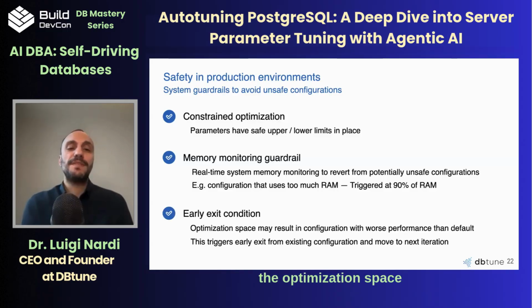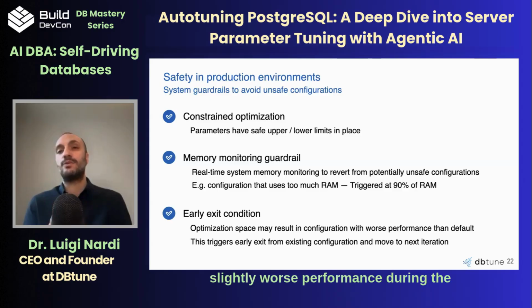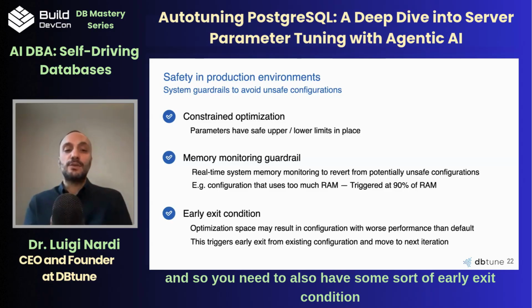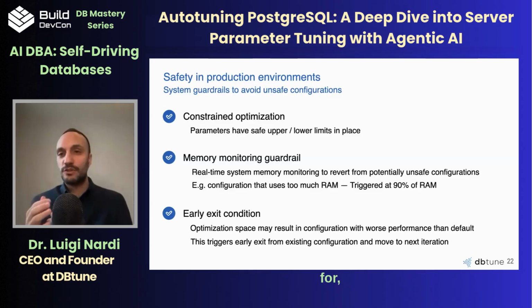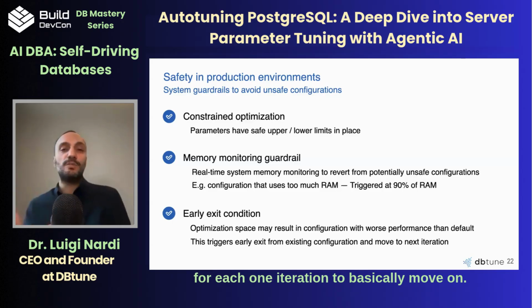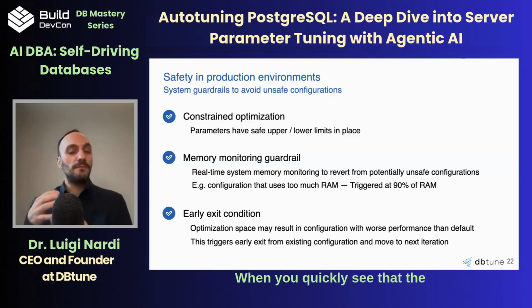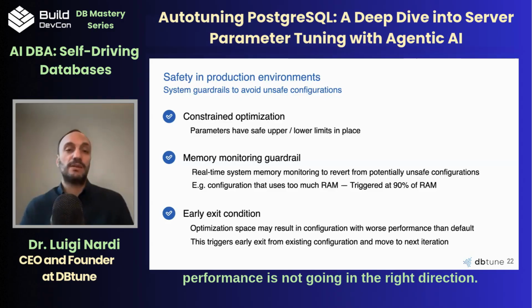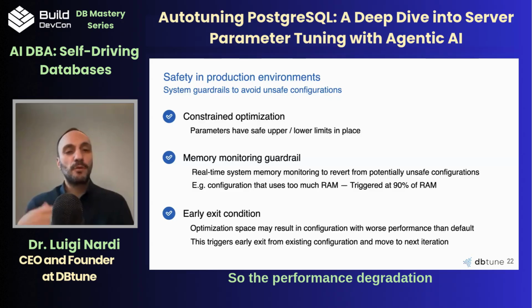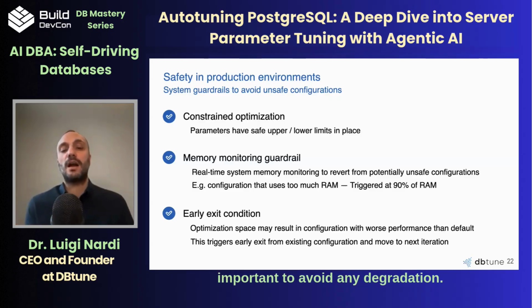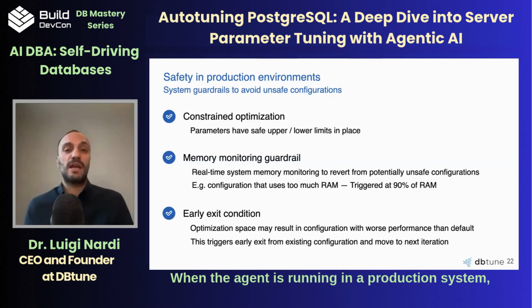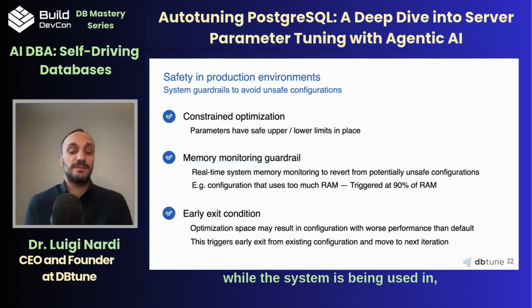And finally, the optimization space can lead to slightly worse performance during the tuning session, right? So you also need some sort of early exit condition for each iteration, to move on when you quickly see that the performance is not going in the right direction. The performance degradation guardrails are important to avoid any degradation when the agent is running in a production system while the system is being used in the real world by real users.